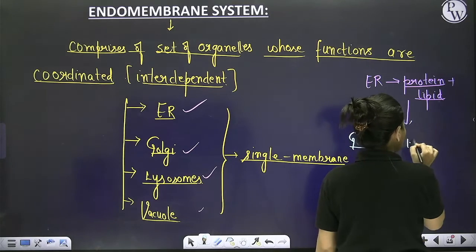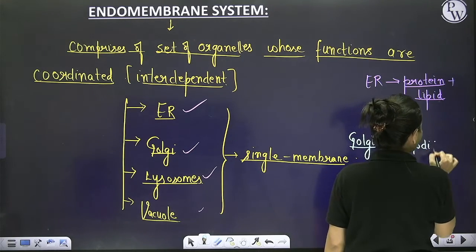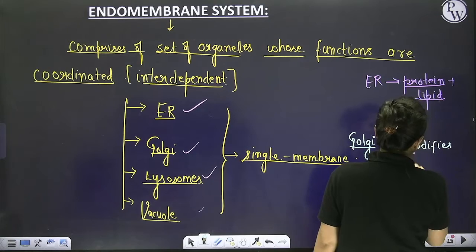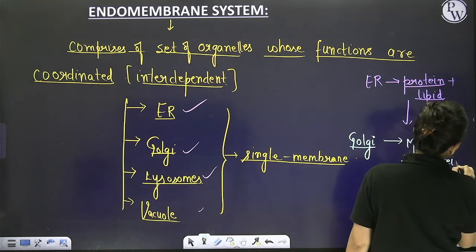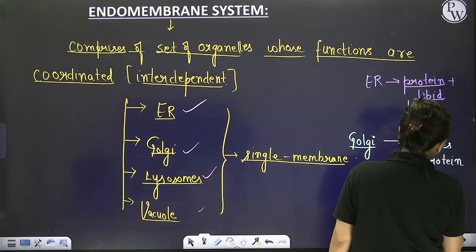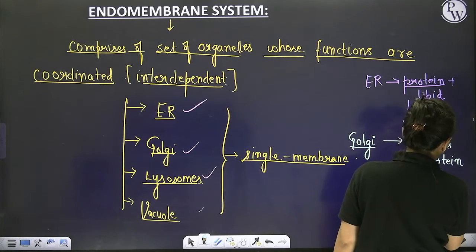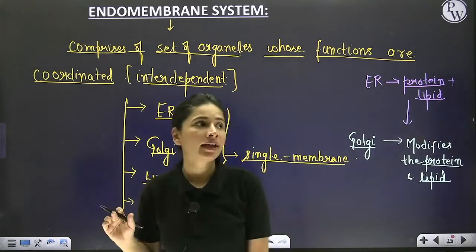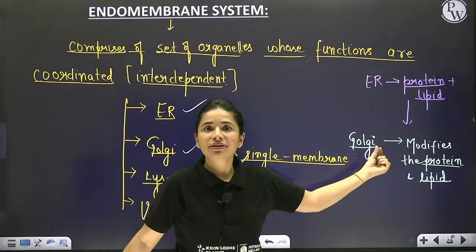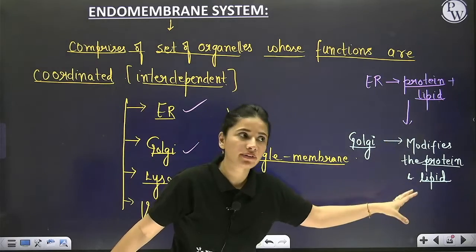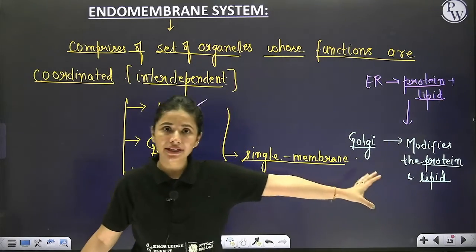What does Golgi do? It basically modifies the protein and lipid generated by ER. Okay? So it's like the factory where you send your crop to get modified. Now all those modifications are done.